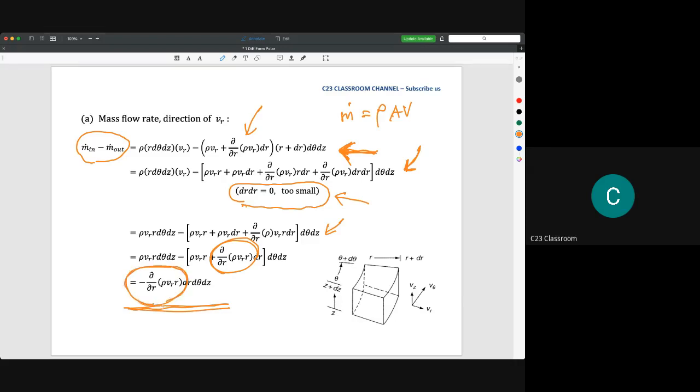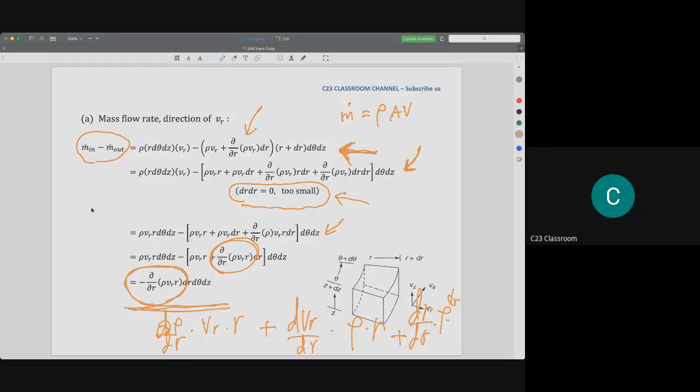For this one, you have three variables. So you could write d rho over dr, and the constants are vr and r, plus d vr over dr, and the constants are rho and r, and so on, and then plus dr over dr with rho and vr as the constants. That is the idea of partial derivation.